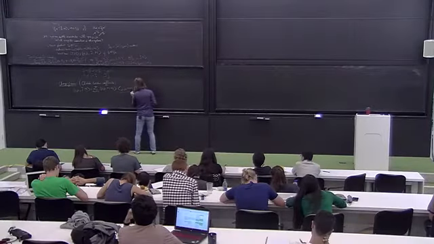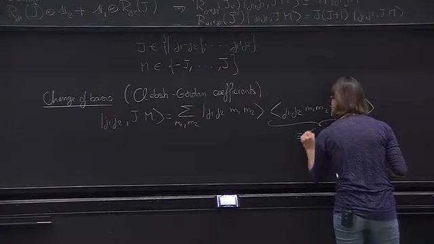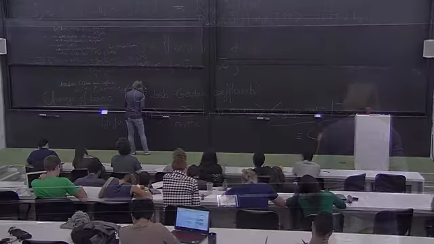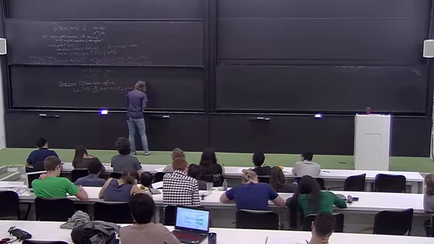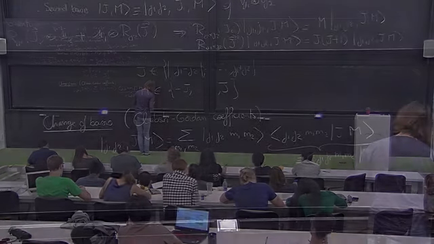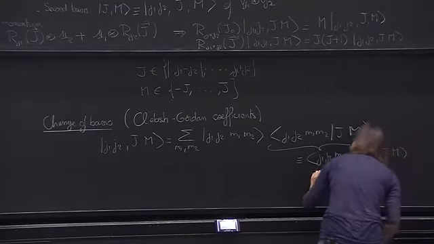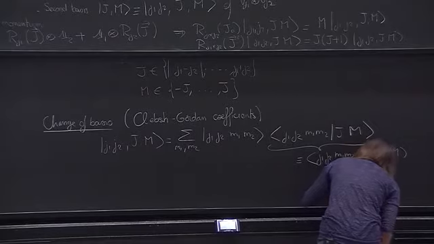These coefficients are the Clebsch-Gordan coefficients, and they are really defined as the scalar product between these two vectors. And here is what we call the Clebsch-Gordan coefficient.